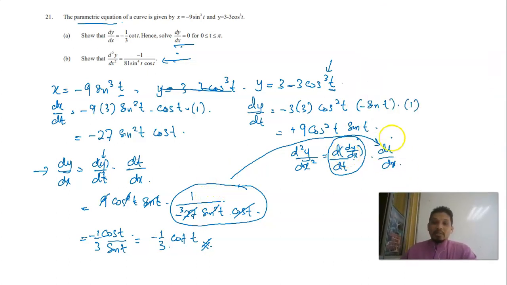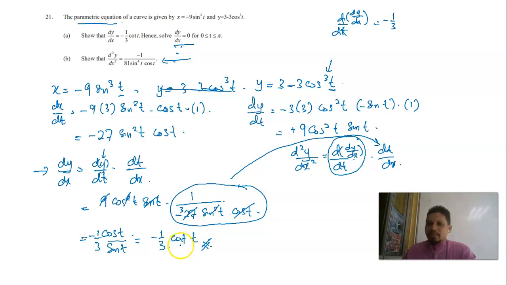So now let me find d/dt of dy/dx, meaning we differentiate dy/dx with respect to the parameter t, which is negative 1 over 3 cotangent.